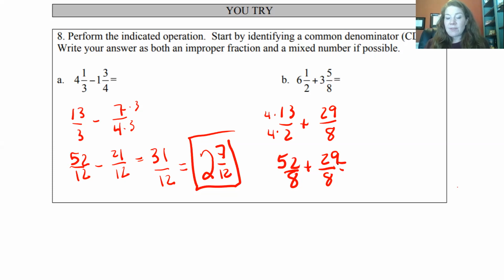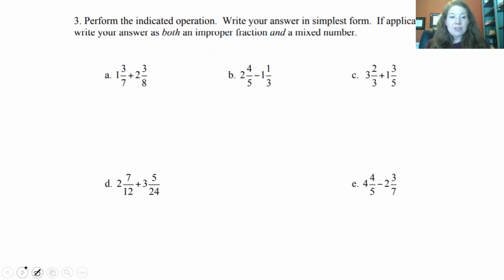So we're going to add 52 plus 29, and we get 81. 81 over 8. Well, 8 will go into 81 10 times. 8 times 10 is 80, so our remainder is 1. So 10 and 1/8.